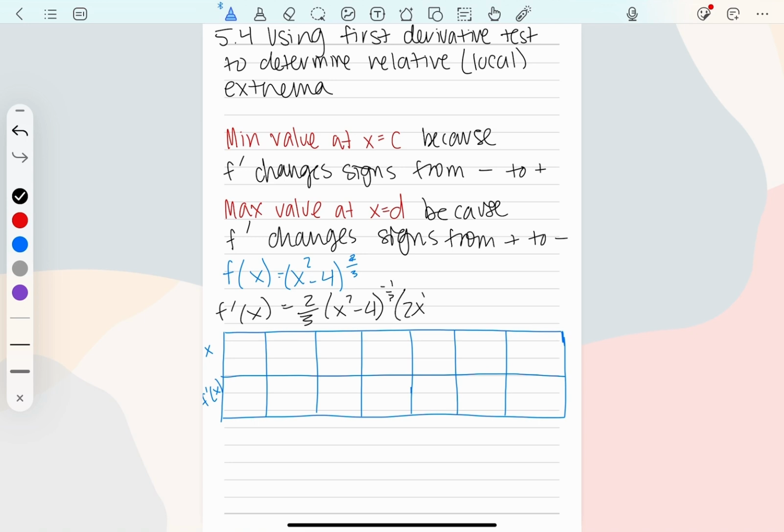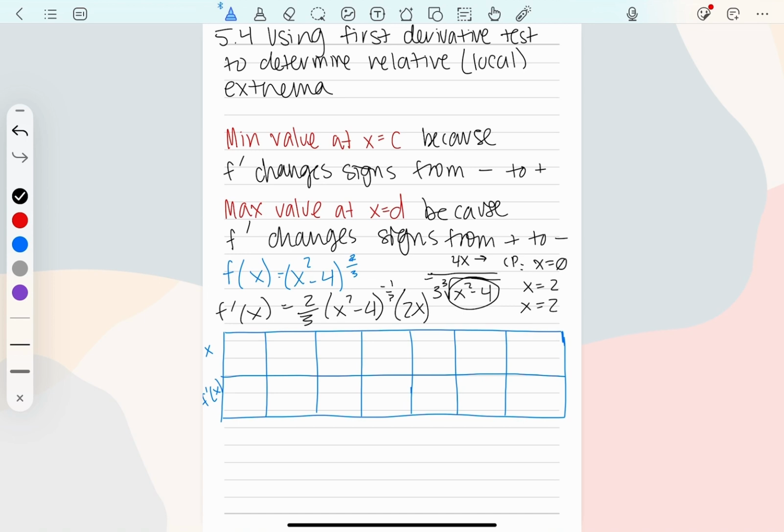And chain rule times 2x, which would give us this fraction, 2x over 3 cubic root of x squared minus 4. And our critical points from here, we're going to take the zeros from here, so that would just be x equals 0. And then the x's from down here, which would be x equals 2 and x equals negative 2.